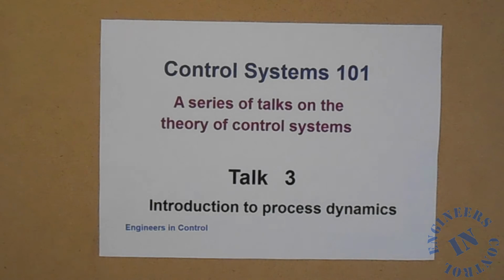Process dynamics works exactly the same for all processes, including human relationships, and in fact financial dynamics work the same way as well. What we are going to do in the next few talks is to treat the physics of each discipline as though they are all the same.